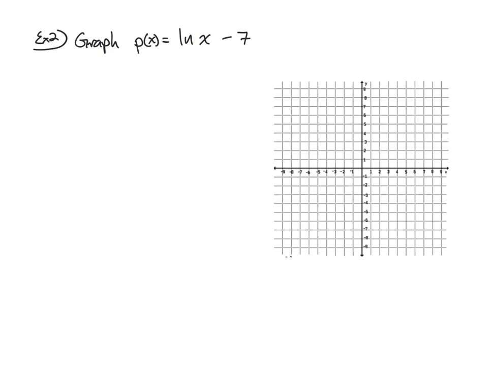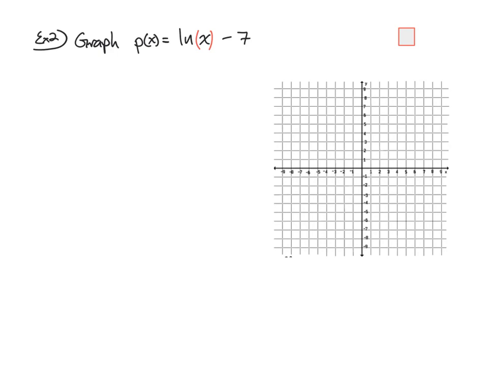If we just forget about this here for a second, this natural log, you can see that there are 2 terms. The first term being x, the second term being a -7. So it's almost like we have implied parentheses around the x. So this -7 is not in the argument.